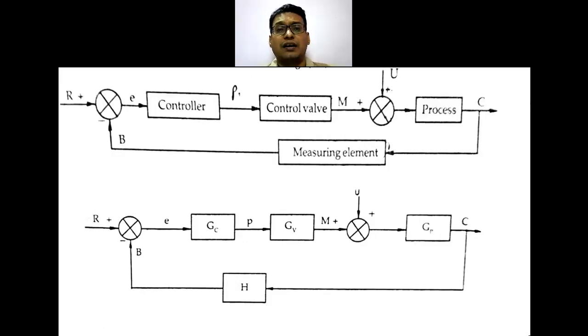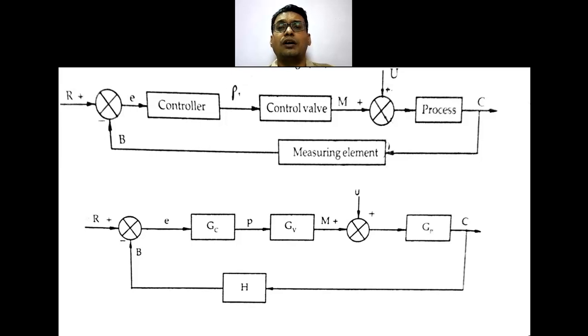So a basic block diagram associated with this controller: R is your set point, B is the measuring element, and R minus B is going to give you the error E that is generated. This error goes to a controller.